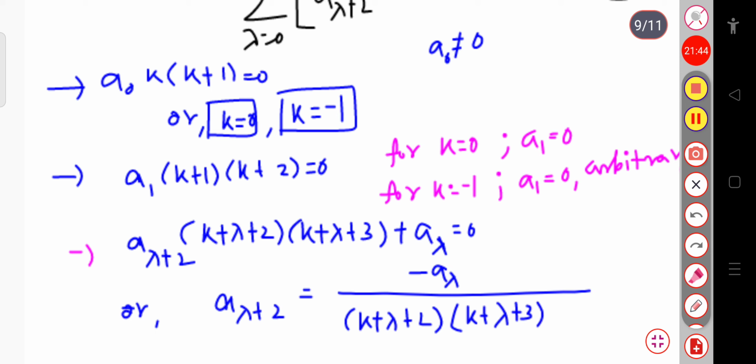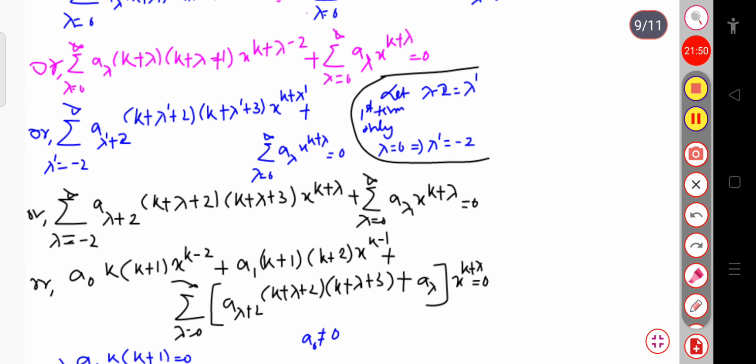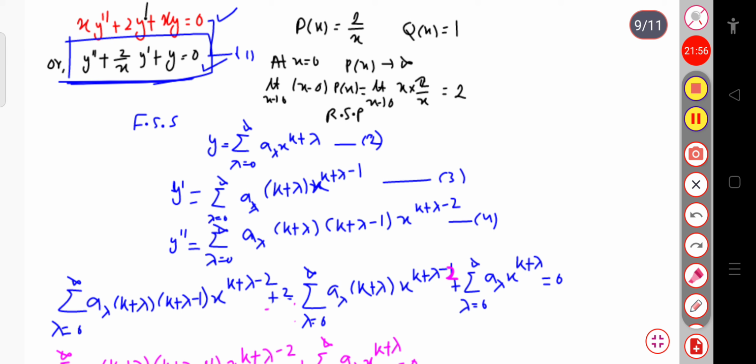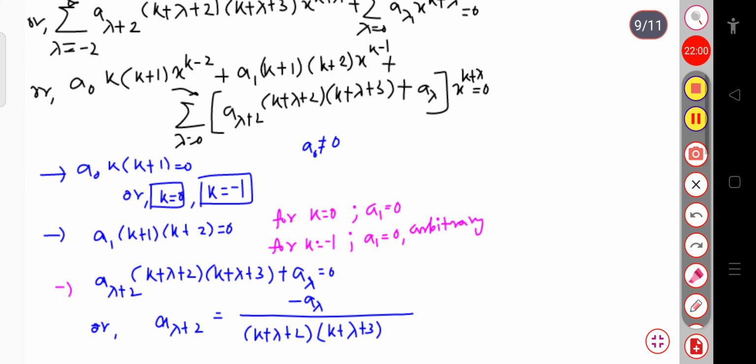But what is our main aim? We have to calculate the solution of this differential equation. By using the Frobenius series solution method, we are going to calculate the solution of the differential equation, that is equation number 1. So here we have calculated the recurrence relation, a lambda plus 2 equal to this much. Let me call this equation number 5.